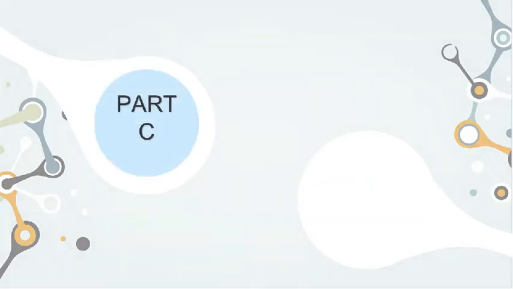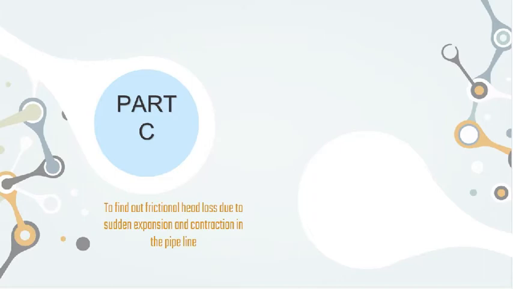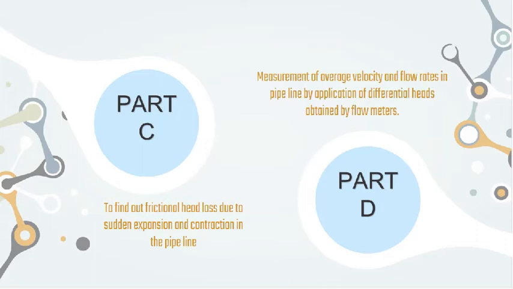While for part C, the objective is to find out the frictional head loss due to sudden expansion and contraction in the pipeline. While for part D, the objective is to measure the average velocity and flow rates in the pipeline by application of differential head obtained by flow meters.